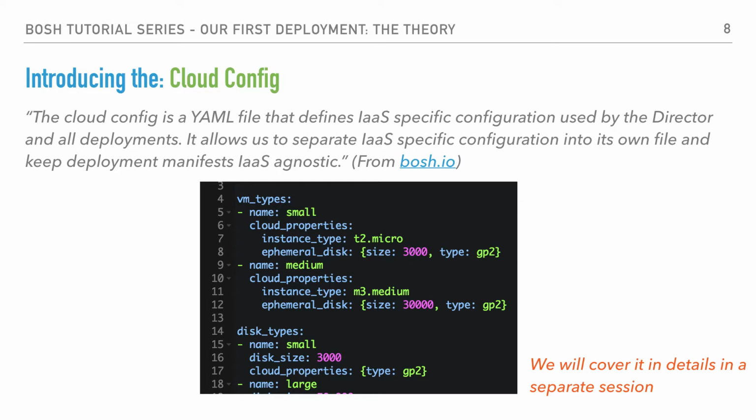I will not go into the details about the sections of the cloud config. We're going to have a separate video, the next video, about this, and we're going to go through each section and explain what it does. So just a quick recap, a cloud config is nothing but a YAML file that has the IaaS specific configuration, for example, the VM type and the disk type.